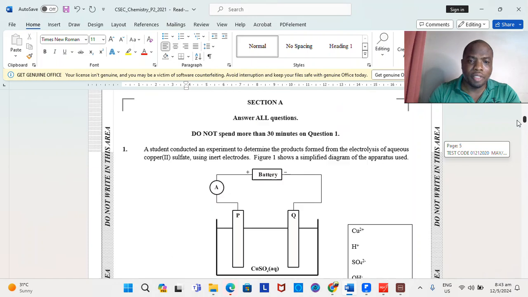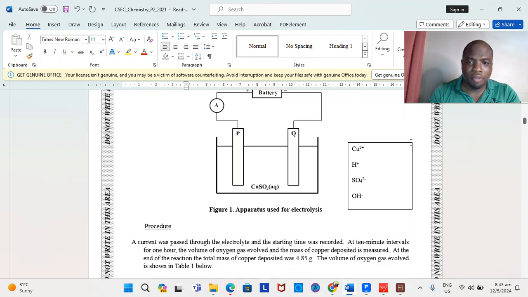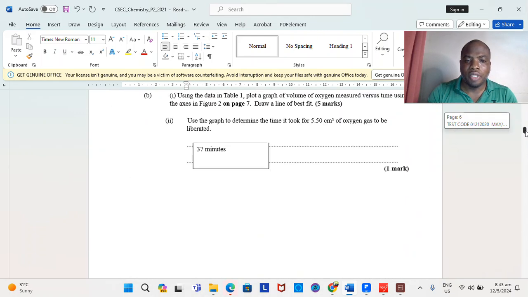And guys, remember, wherever the electrode is on the power source, and in this case it's a battery, if it's connected to the positive side, P would have been the anode, and since this is connected to the negative side, then Q the cathode.